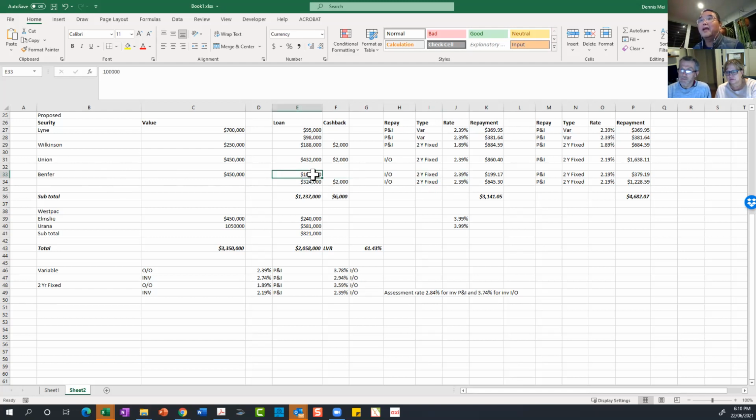However, if you have $40,000 sitting in an offset account, if you can offset the 40,000 against the 100,000, you only pay interest on $60,000 instead of 100,000.